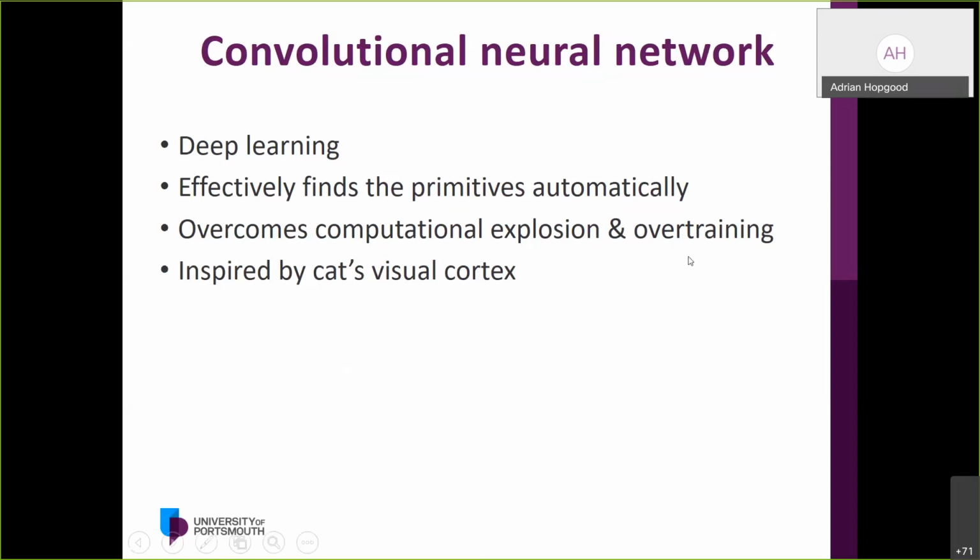And that connectivity, as it happens, is inspired by the design of the cat's visual cortex. So we come back to the earlier point that neural networks are not a realistic model of the brain structure. Likewise, the convolutional neural network is not really a realistic model of the cat's visual cortex, but it borrows some of the inspiration from there.